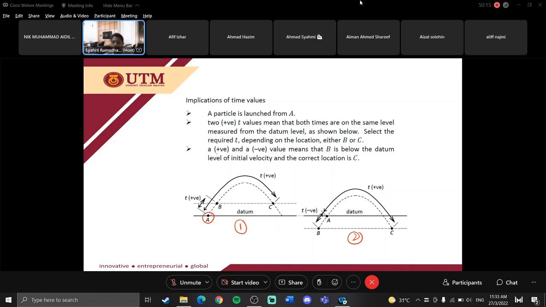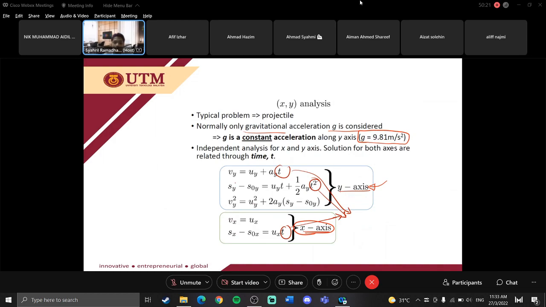So you may notice that in this analysis here, you have a quadratic equation, which means that t squared is here.